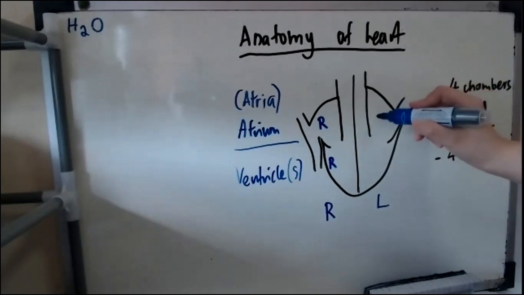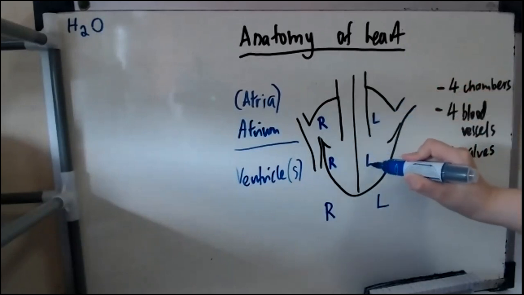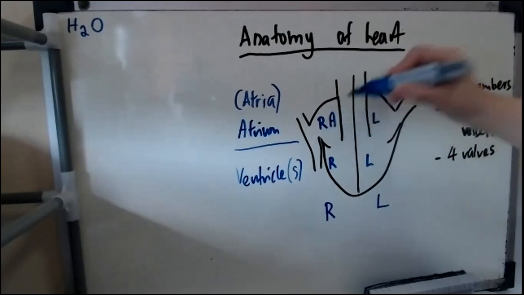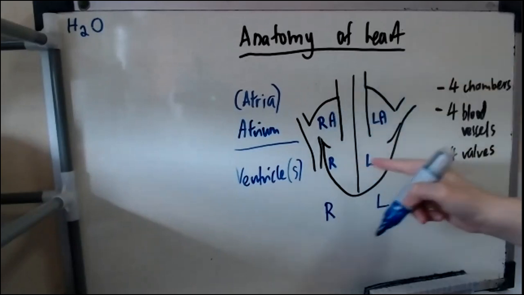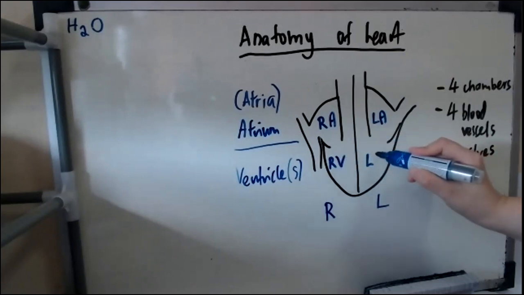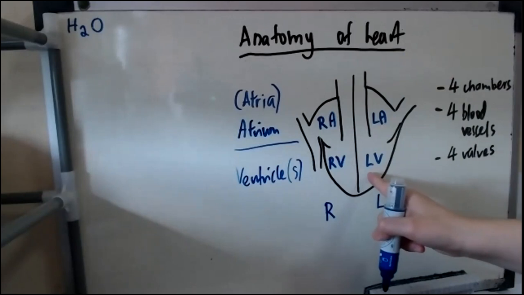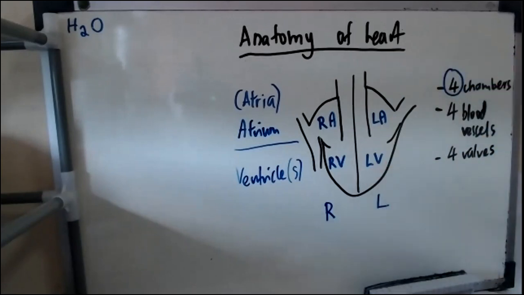I'll label this chamber as left and left. And since these 2 are at the top, they are the atrium. And since these 2 are at the bottom, they are the ventricle. So right atrium, right ventricle, left atrium, left ventricle. These are the 4 chambers. Okay? Very easy? Yes.